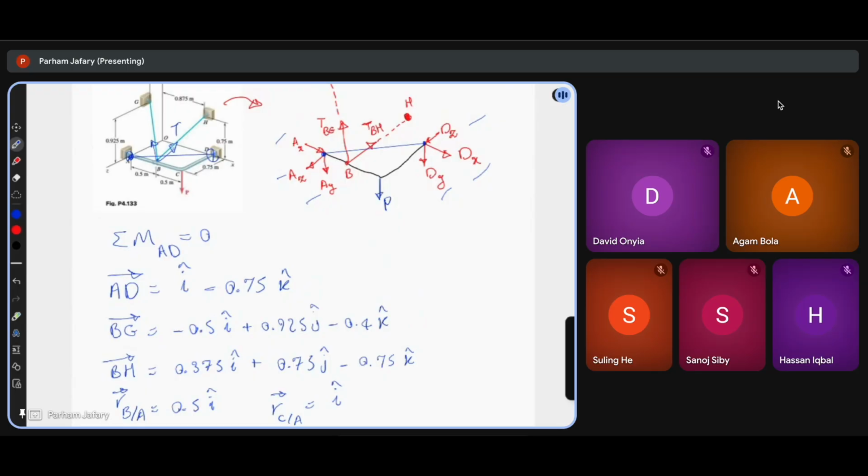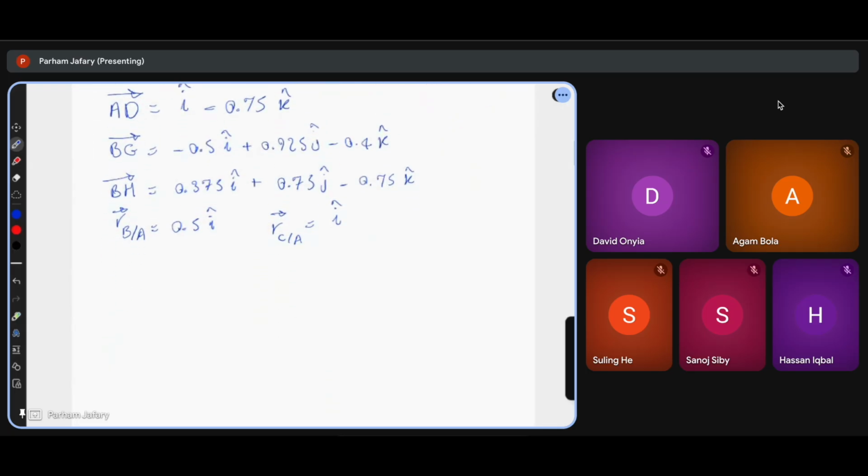Okay? Does it make sense? So the vector for BG will be its magnitude T times the BG vector over the magnitude of the BG vector. Does it make sense? Okay, good.